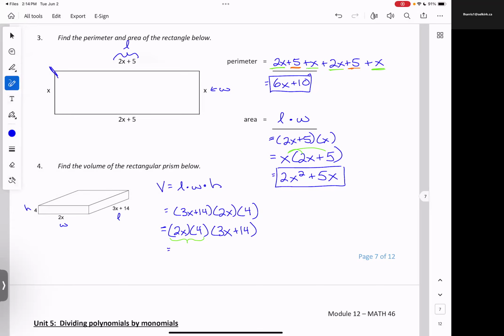So now we would have 8x times this polynomial with two terms, our binomial. And now we can do some distribution, distribute out that 8x. And what does that give us? 24x squared plus, and then 8 times 14 gives me 112. So 112x.